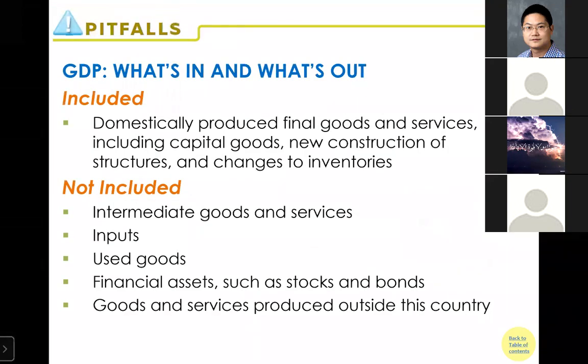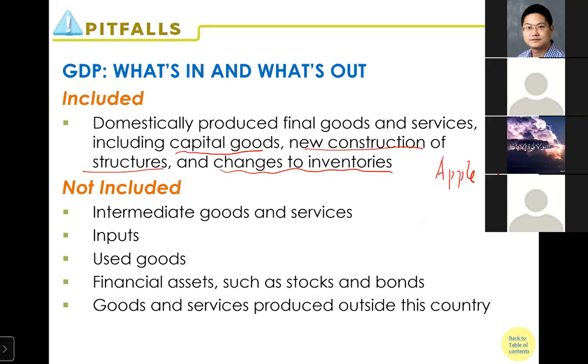So here is a summary of what is in and what is out. What is included? Domestically produced final goods and services, including capital goods, new construction of structures, and a change to inventory. Right? What does change in inventory mean? Here, I give the example. Say Apple produces 5 million iPhones.